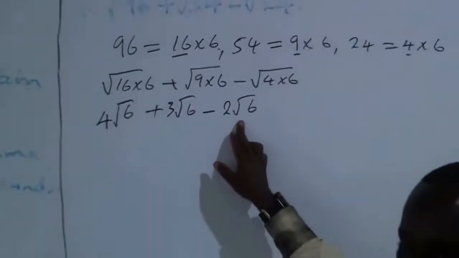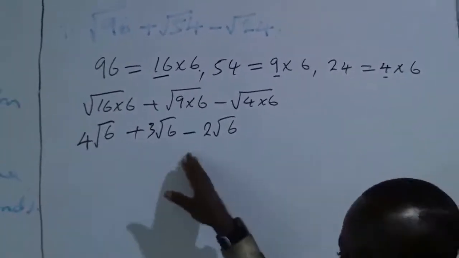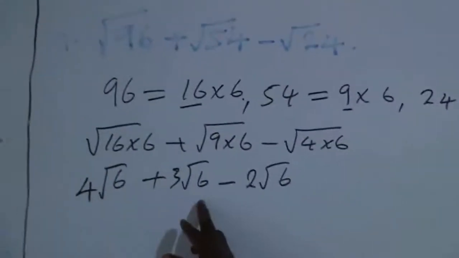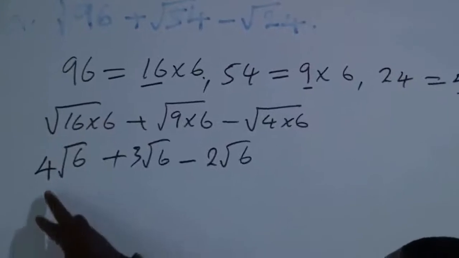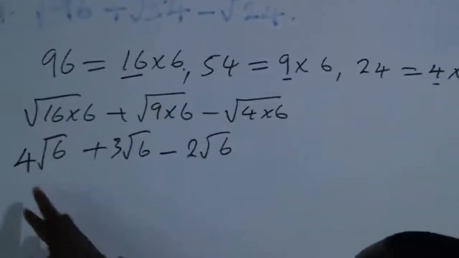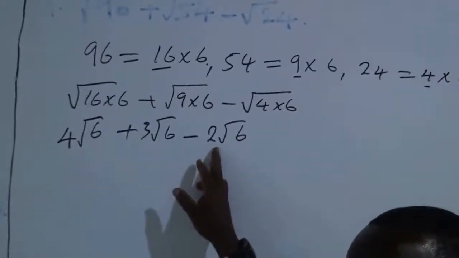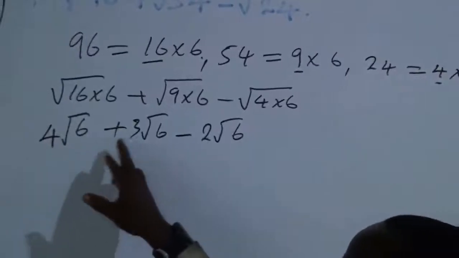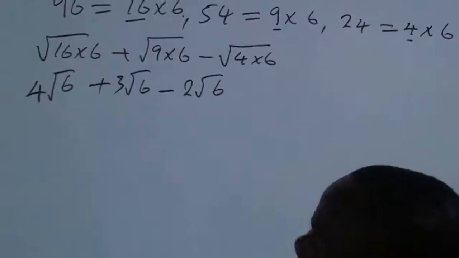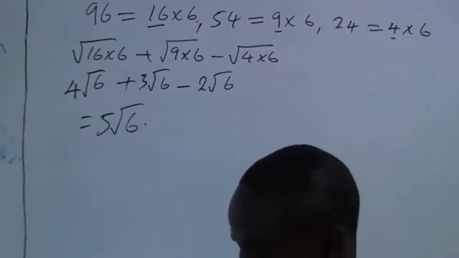How do we now do this addition and subtraction? We can only add the coefficients. So don't say 4 root 6 plus 3 root 6 gives root 12. No. You only add the numbers before the surds. Here, the number before this surd is 4, the number here is 3, and the number here is 2. So we say 4 plus 3, which is 7, and then 7 minus 2, which is 5, and then root 6.